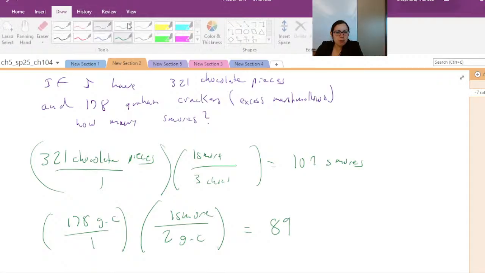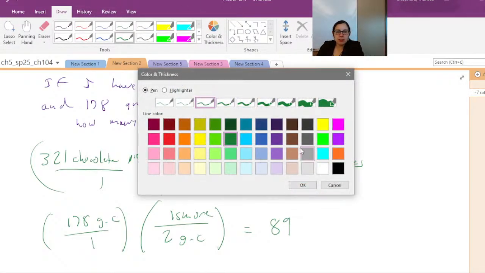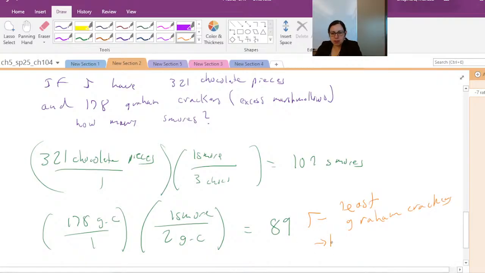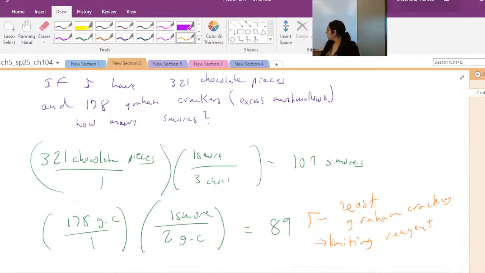And so now which one is our least amount? So 89. And so I'll say our least, right? So then we can say that our graham crackers is our limiting reagent. And limiting reagent just means that it runs out first.